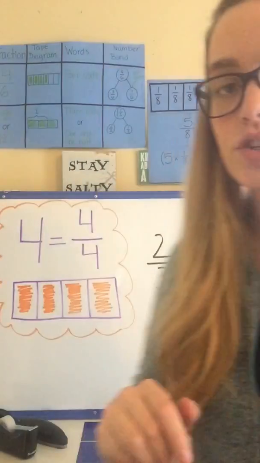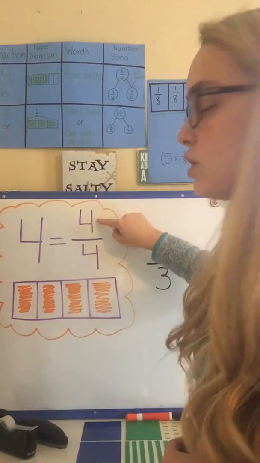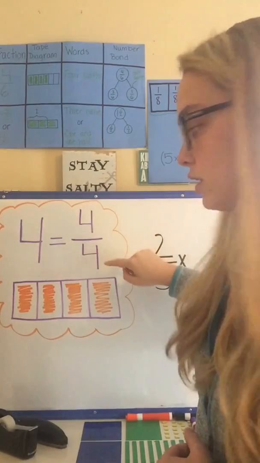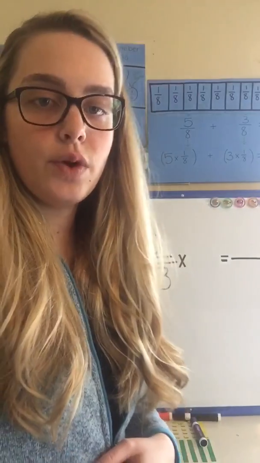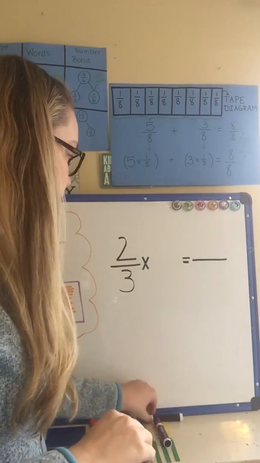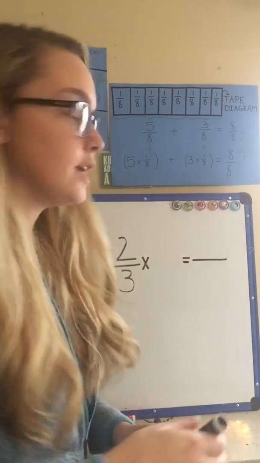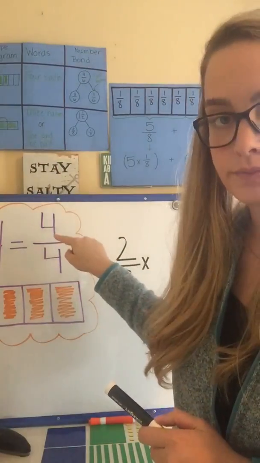So that concept and understanding that whole numbers as fractions is going to be the same numerator over the denominator. This helps us because then when we want to turn these into equivalent fractions, we can help by solving using the number as a fraction.